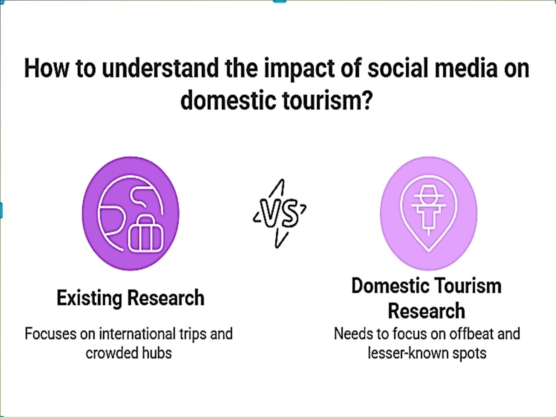So we really don't know if these digital strategies are actually pushing people to explore hidden gems within the country. Without hard evidence, we just can't say for sure if there's a real connection between an influencer's campaign and a sudden spike in tourists visiting these emerging destinations.